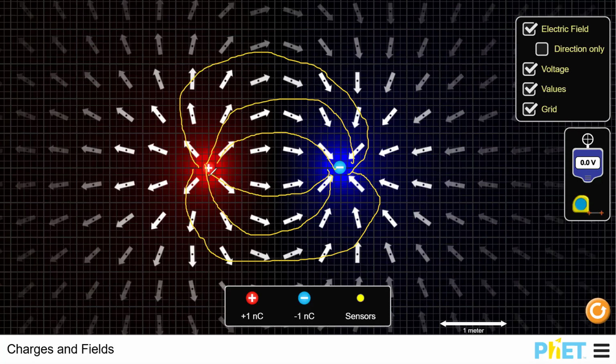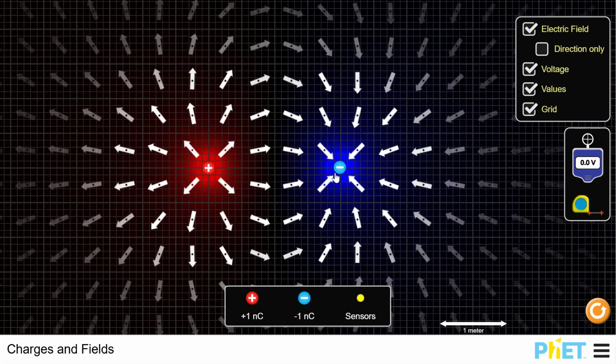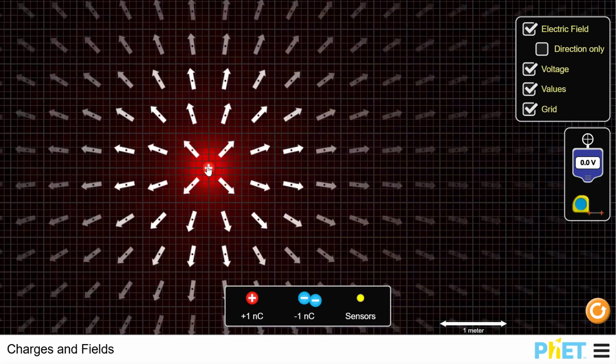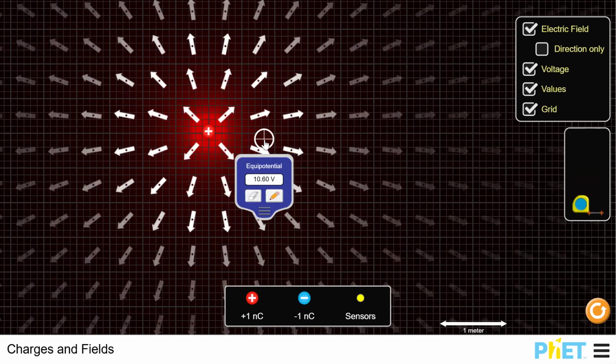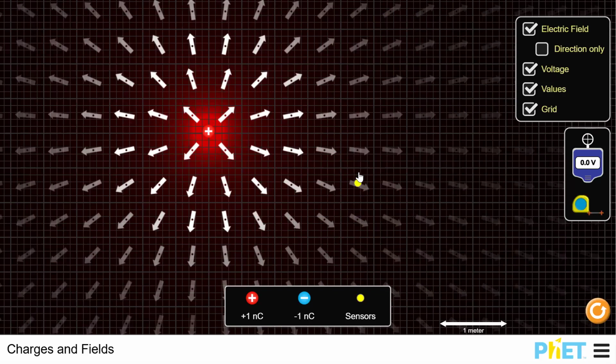Now, I will place this charge here and show the potential. For example, here the electric field is 1.81 volt per meter.